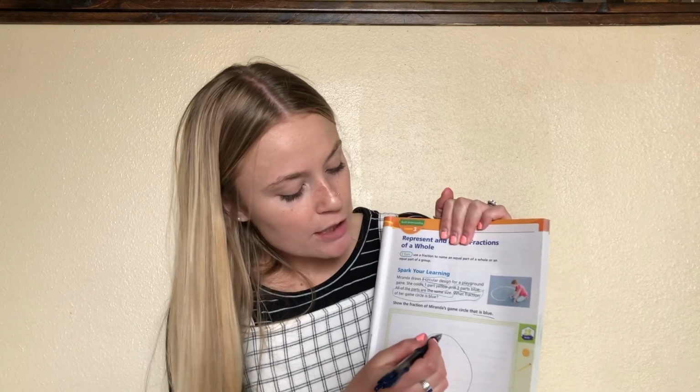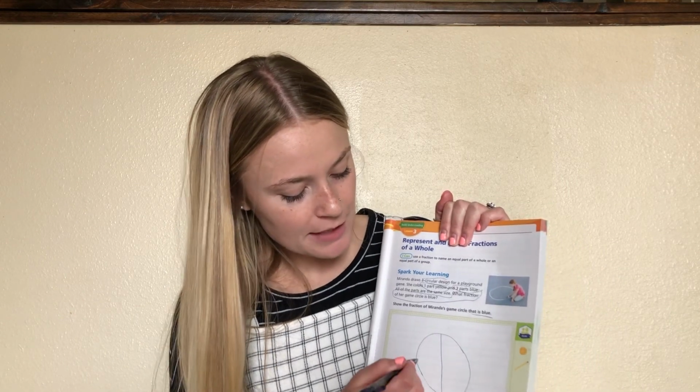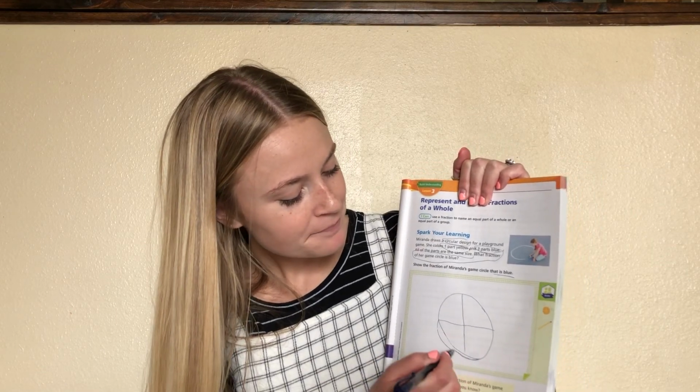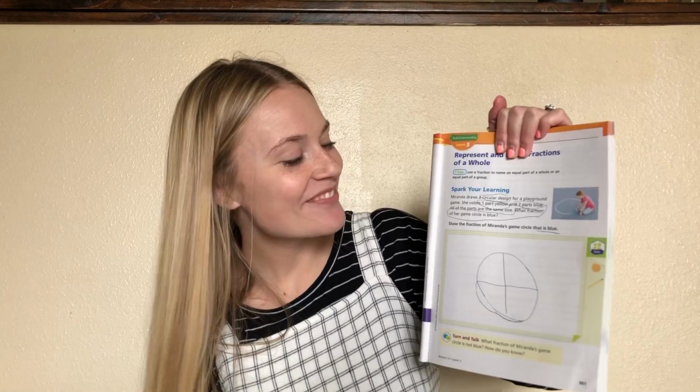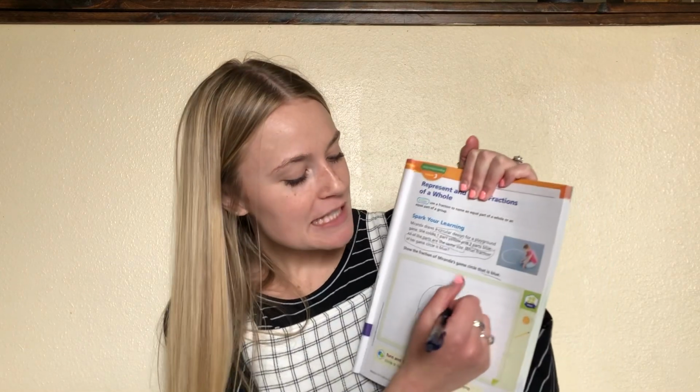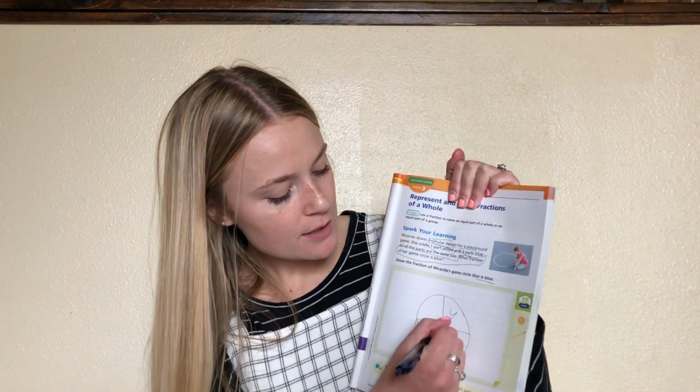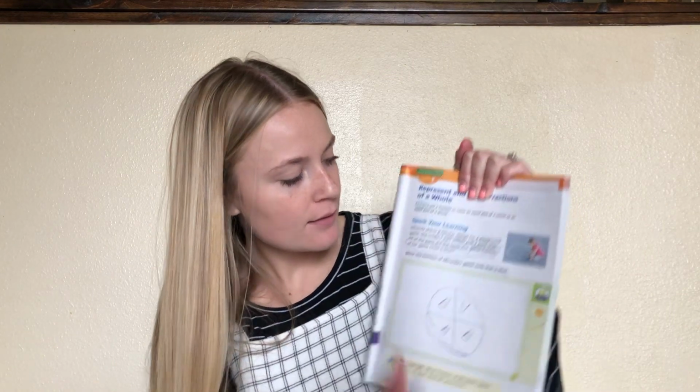Well, 1 part will be yellow plus 3 parts that are blue. That gives me 4 equal parts. So I'm going to divide my circle into 4 equal parts. There we go. 1 part is yellow, so I'll do Y for yellow. 3 parts are blue, so I'll do B for blue.